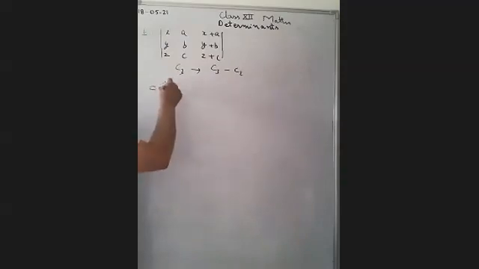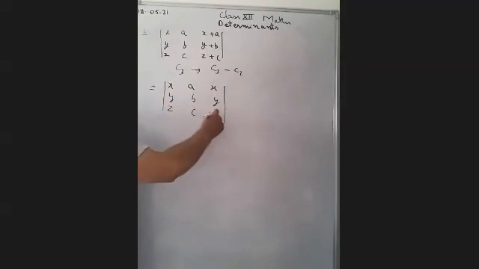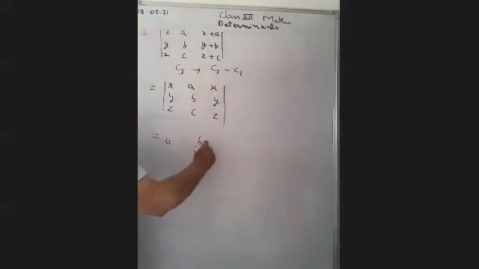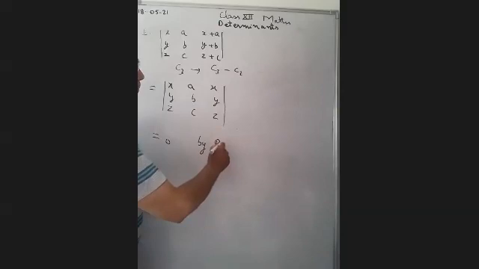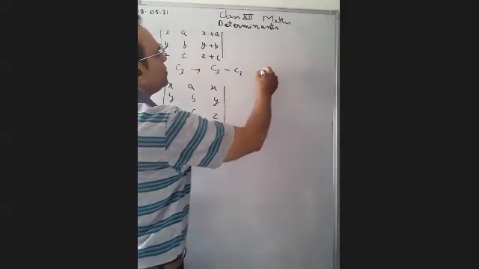The result will be X, Y, Z. We know that if any two rows or any two columns are identical, the value of the determinant is equal to 0. By which property? Here we have used property P5 or P6.